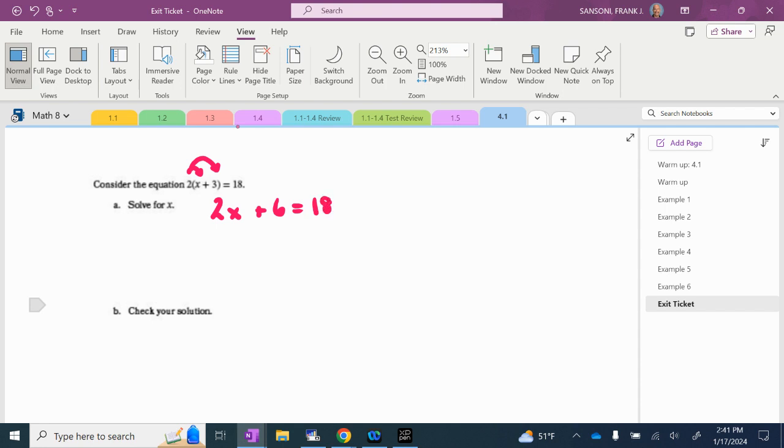Subtract what? Subtract 6. So I have 2x equals whatever 18 minus 6 is. Plus 3, not 6. It's 12. Divide by 2. 6. So you're telling me the answer is 6.